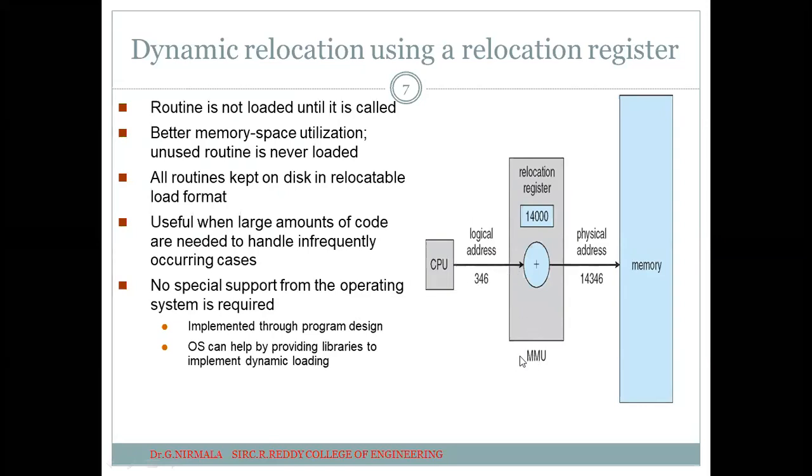The memory management unit, called the MMU, will generate the physical address using the relocation register, that is 14,000.